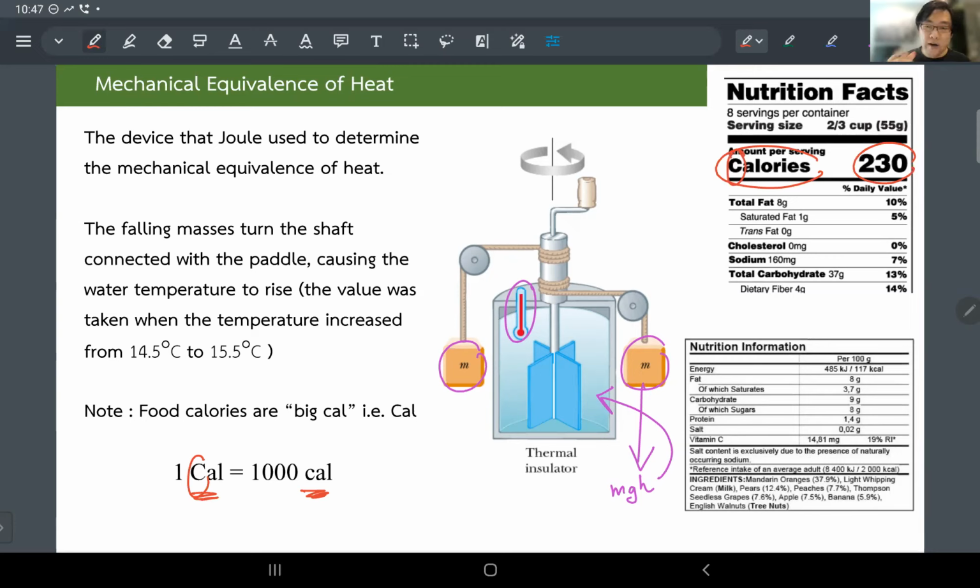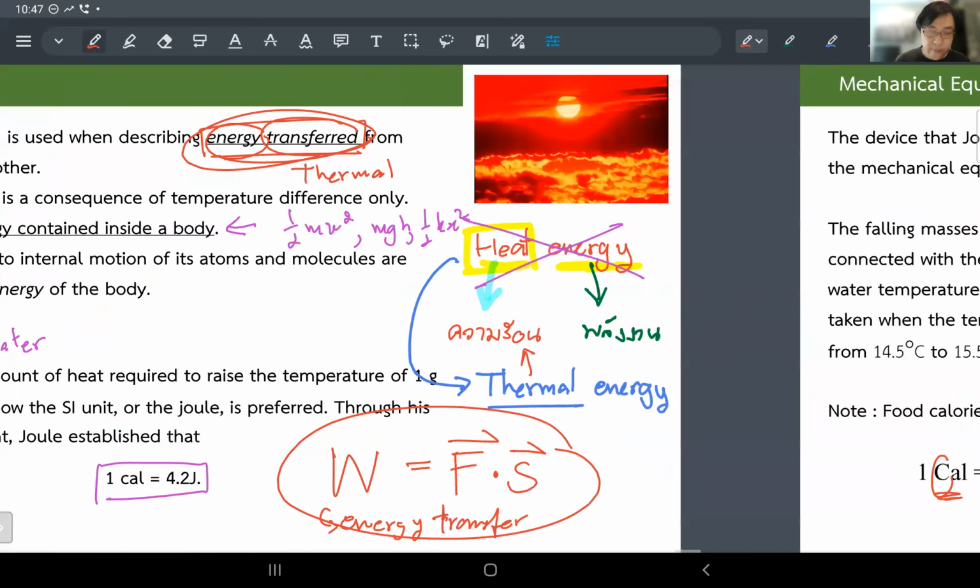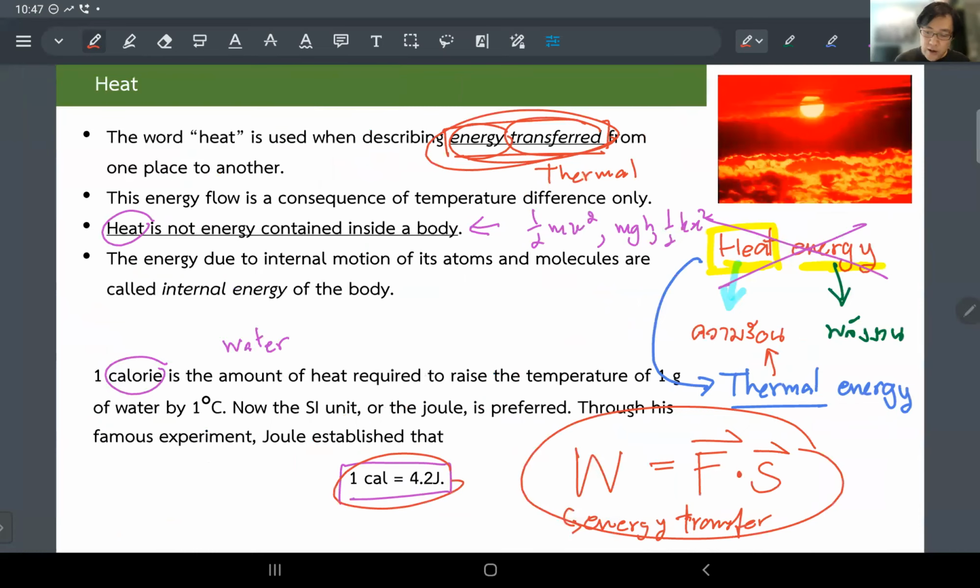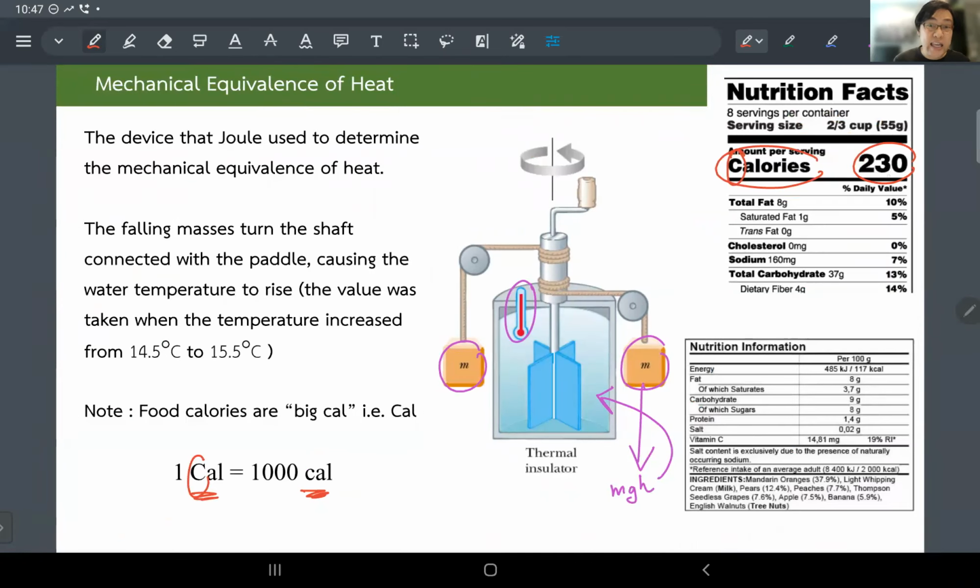The nutrition facts on food packaging use the food calorie, which is 1,000 times the calorie that we use right here. You guys with me now? So you can think of it as a kilocalorie. This is the one we are familiar with, the label on the package that looks like this.